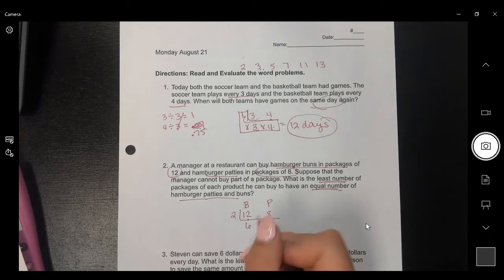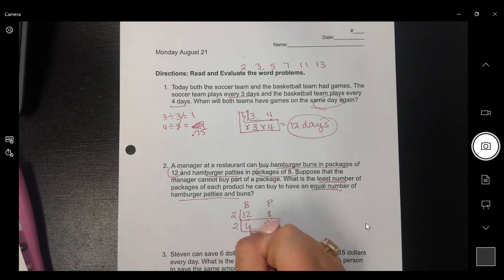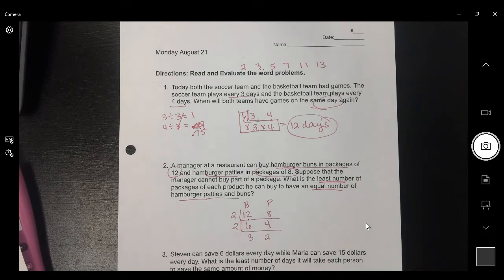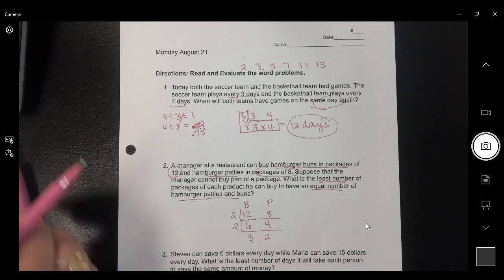These are both even still, so I have to pull out another 2. 6 divided by 2 is 3. 4 divided by 2 is 2. Now, 2 and 3 are back to back on the number line. If I count 1, 2, 3, there's not a whole number in between, so that means I'm done.